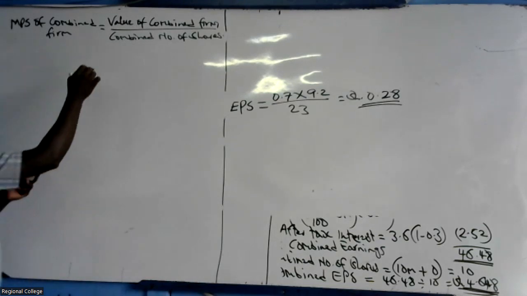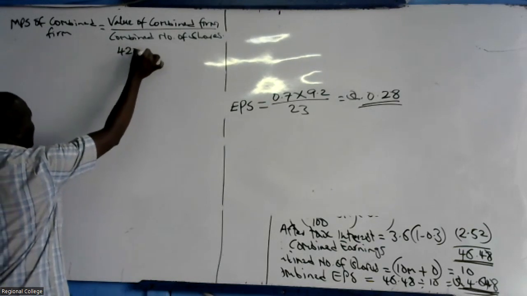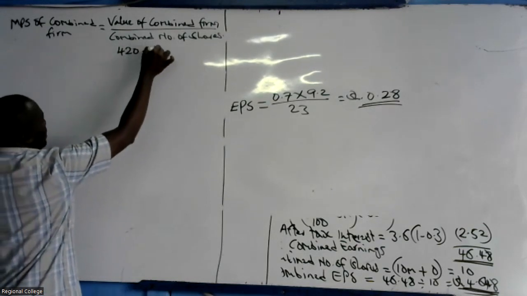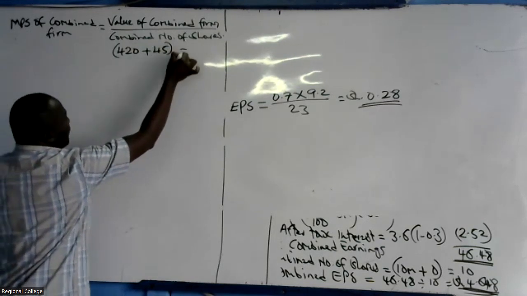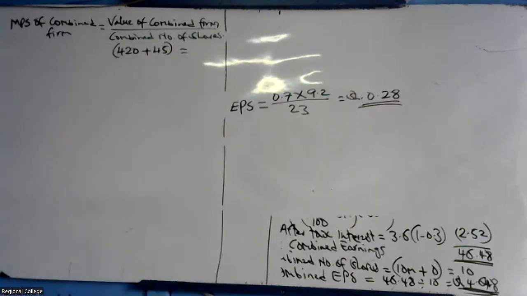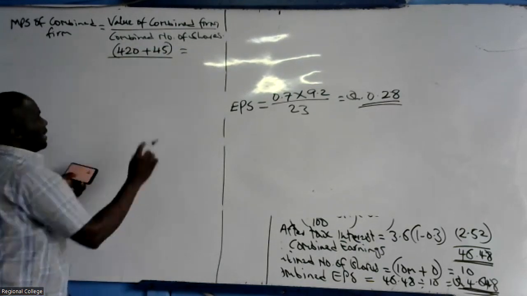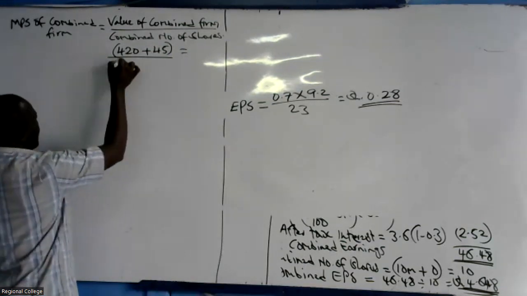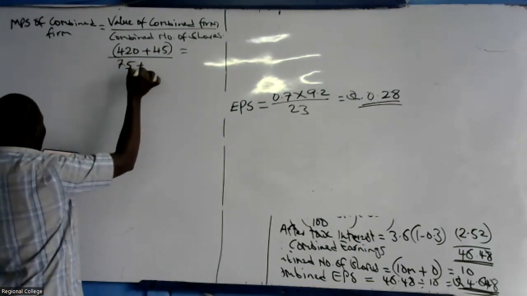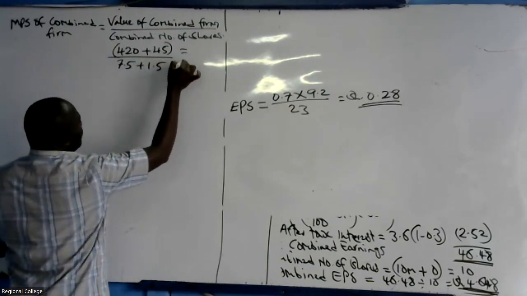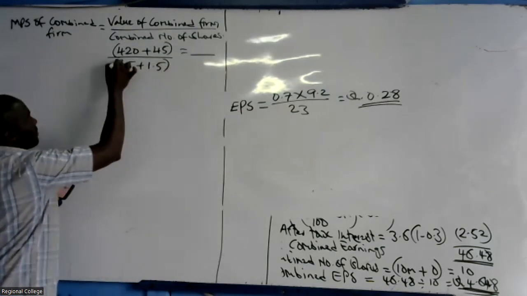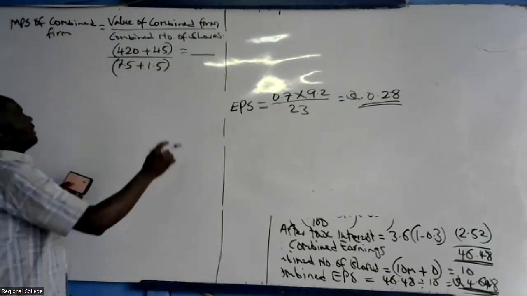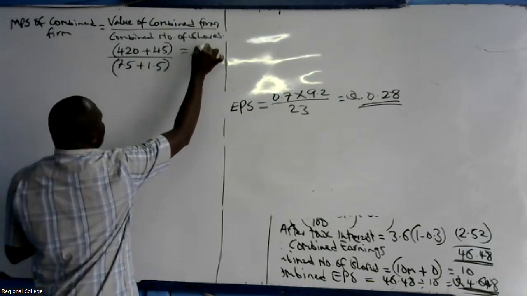The market capitalization of Songo is 420, and Trigger is 45. So that is the value of the combined firm, 465.